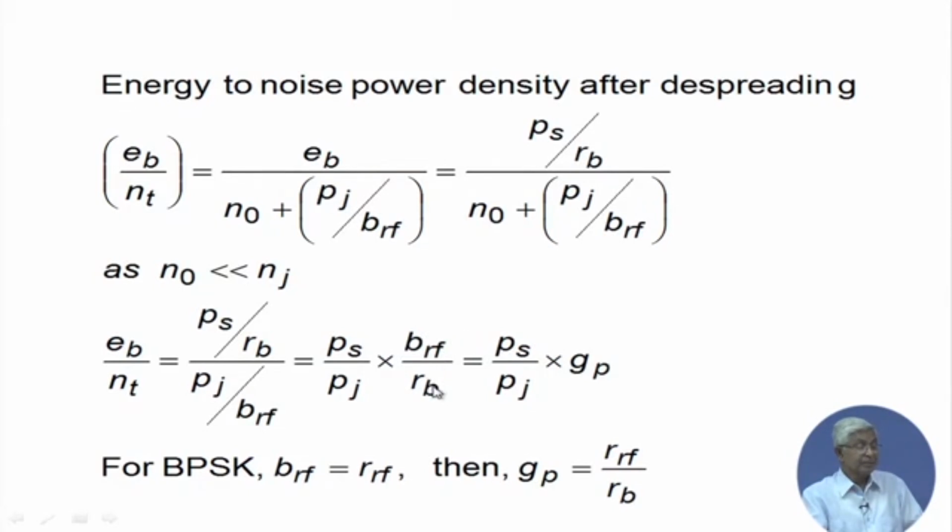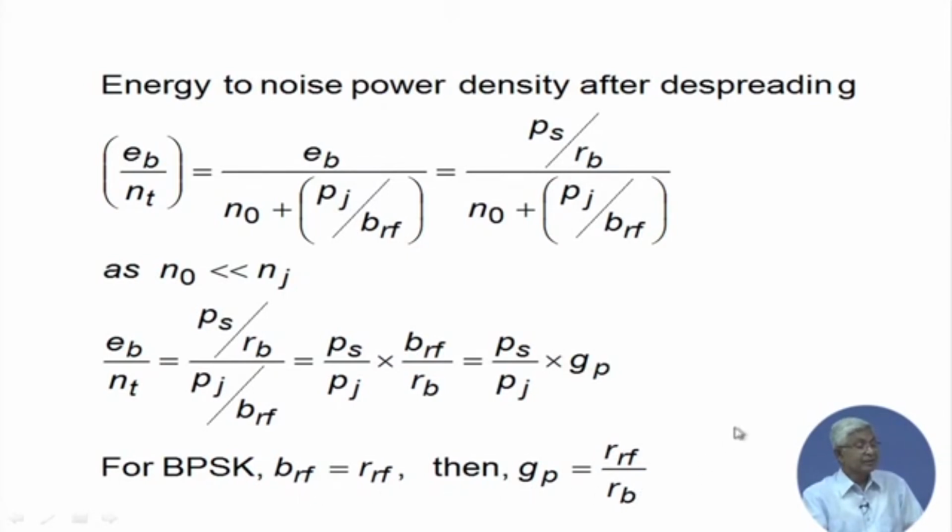The individual bit rate is multiplied by the code rate, that is how you get the spread. In case of BPSK, BRF is equal to RRF. So the gain, or coding gain, or processing gain, or CDMA gain, whatever you call it, we call GP. GP is RRF by RB or BRF by RB, whichever way you say.